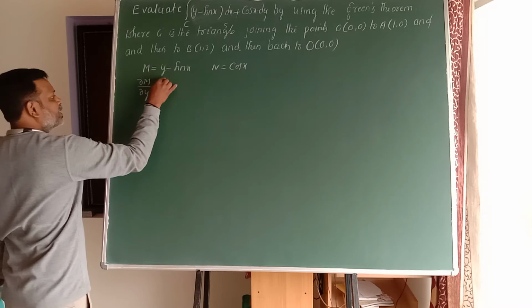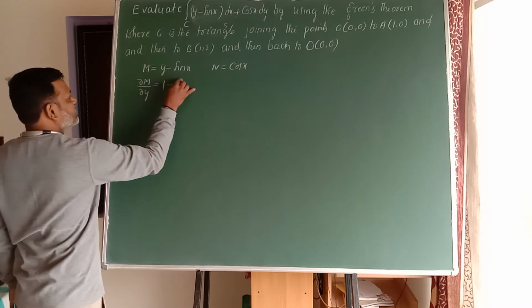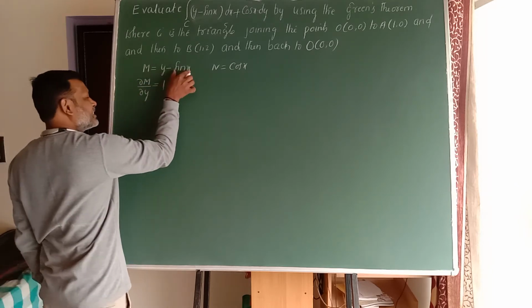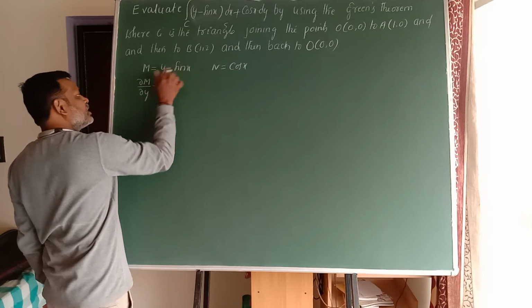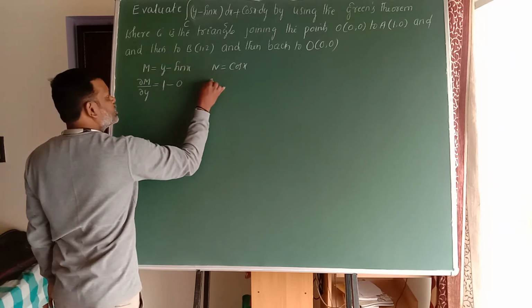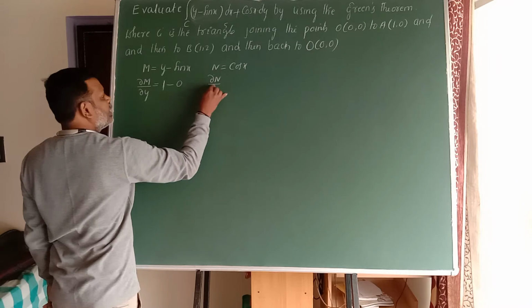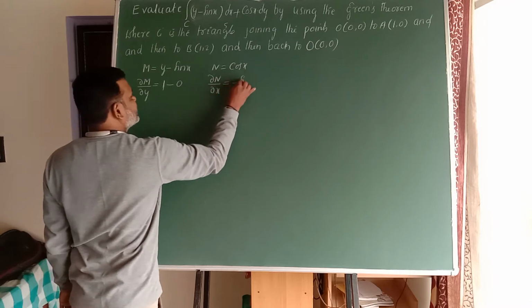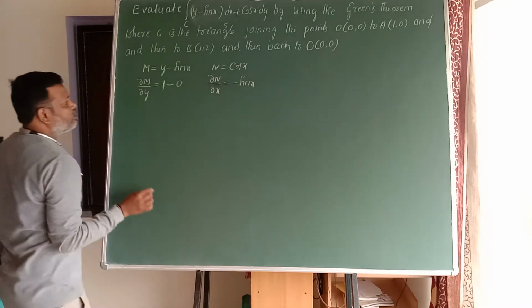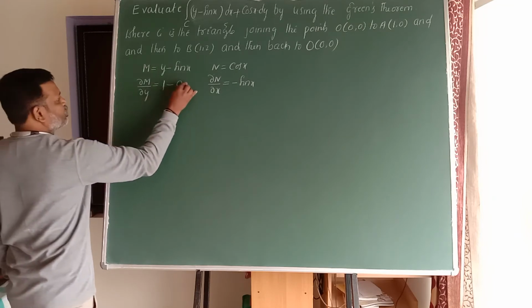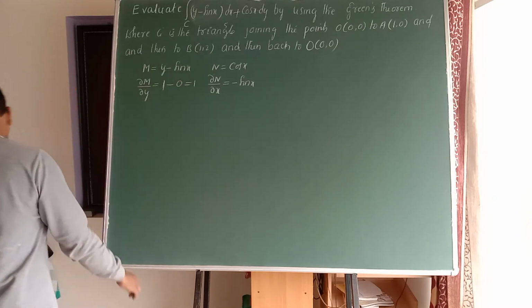The derivative of y with respect to y is 1, and minus sin x is 0, because the variable x is there, and with respect to y it becomes a constant. Then dou n divided by dou x is equal to minus sin x. Now simplify this: 1 minus 0 is nothing but 1 here itself.